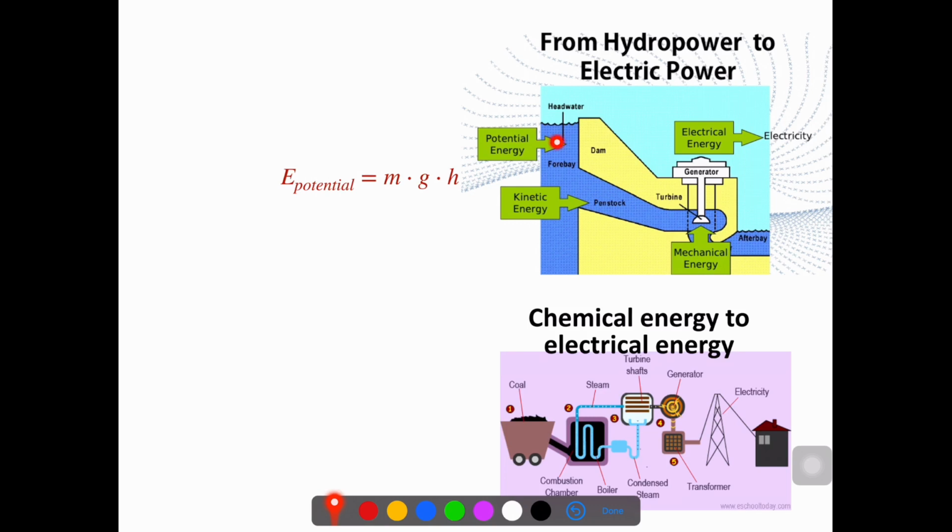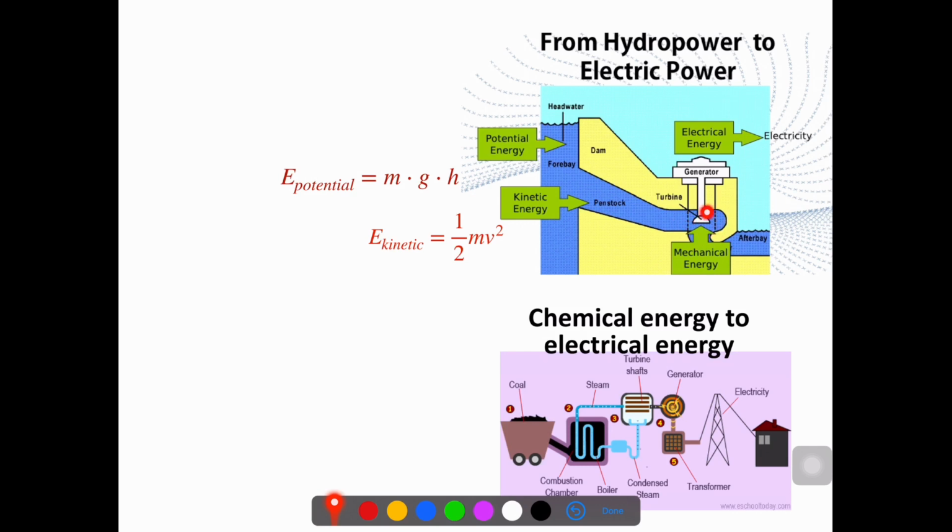Now, as the water flows down, it contains kinetic energy. Kinetic energy is basically the energy due to motion. So as water moves with a certain velocity, it obtains kinetic energy. The formula for kinetic energy is half the mass of the object times the velocity squared. Now this kinetic energy, the fast moving water, is used to rotate the turbines.